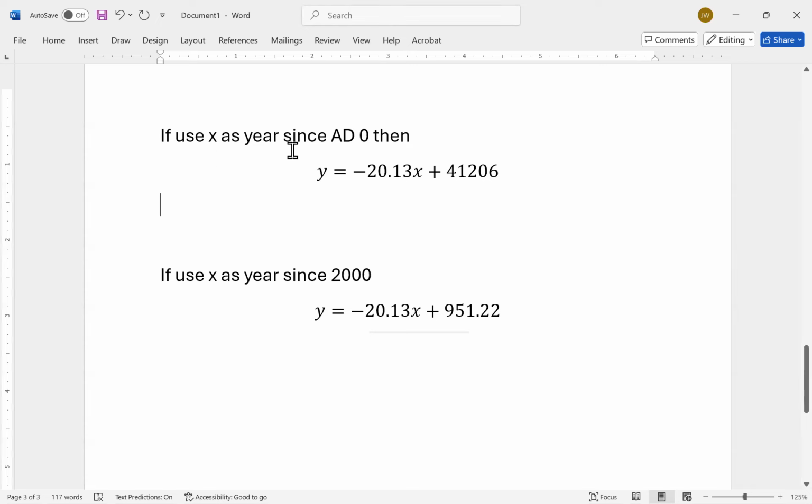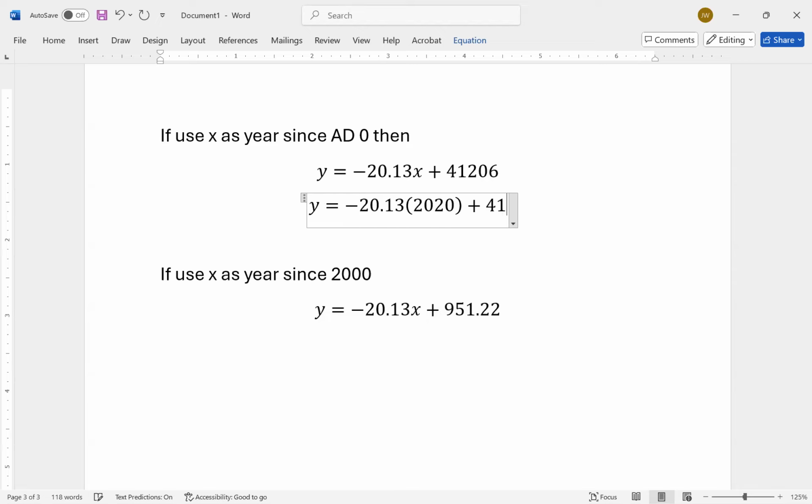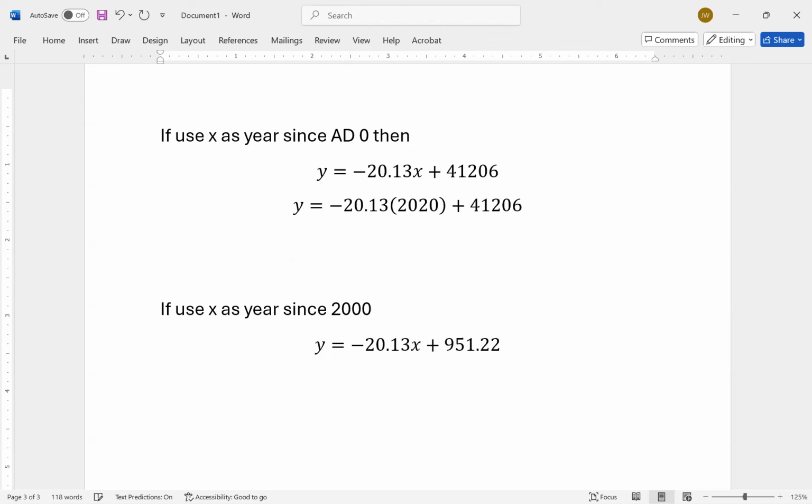If we use X value as the year since AD 0, meaning 2020 stands in for 2020, then what I would do is I'd write Y equals negative 20.13 multiplied times the year 2020, and then add 41,206 to that. The Y value, therefore, becomes 543.4. That's again in thousands of abortions.